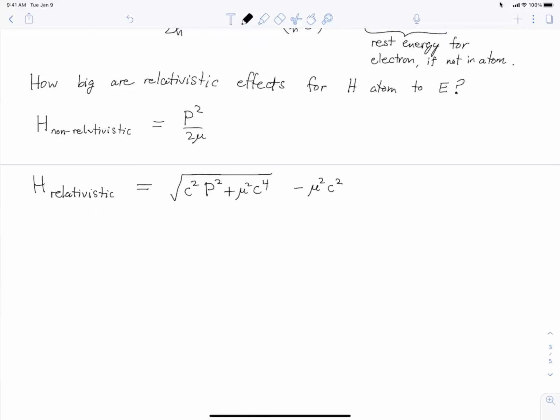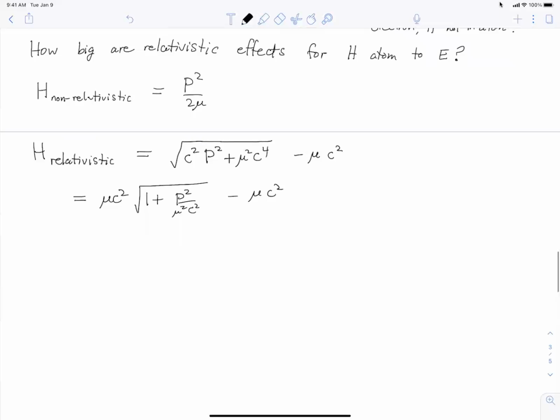Okay, oops, I made a mistake there. That should be just 1 power of mu. Okay, and then the way we can deal with this is we can take the square root and factor out this factor of mu c squared, and then what's left is the square root of 1 plus p squared over mu squared c squared, minus mu c squared.